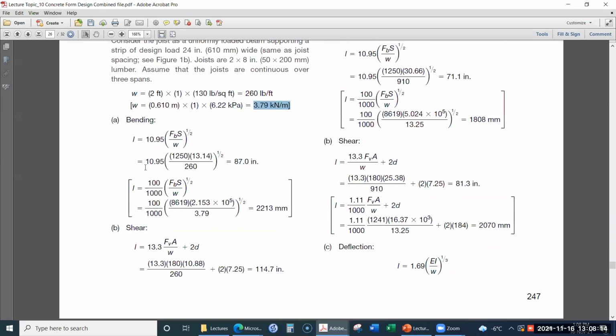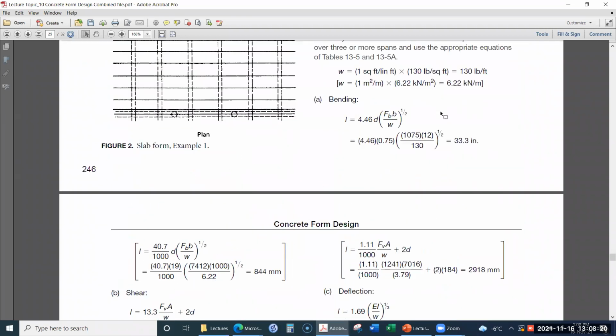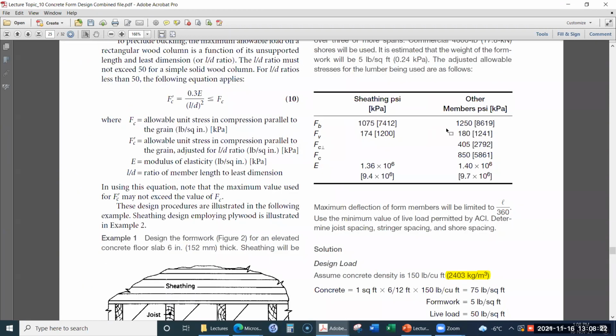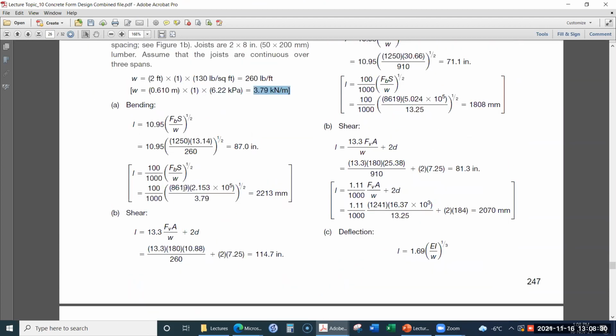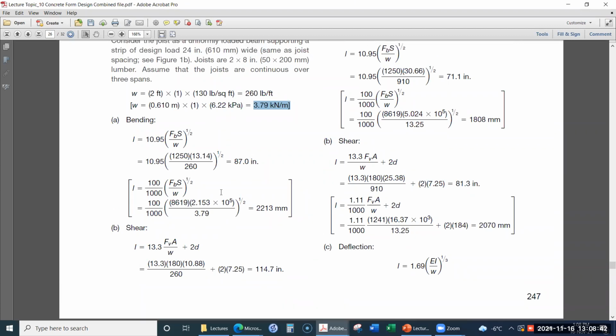Again, in the joist design, we will use this equation. FB is the allowable bending stress. For the allowable bending stress, we will use this one, 8619. This is for the other members. And what is the value of S? S is the section modulus, given as 2.153 into 10 to the power 5.